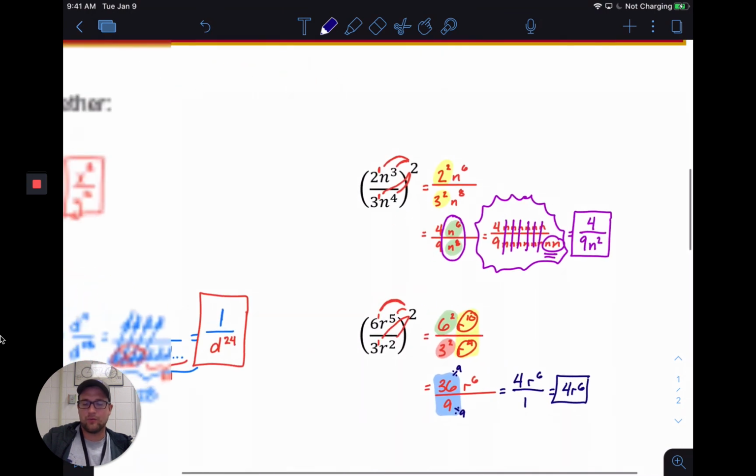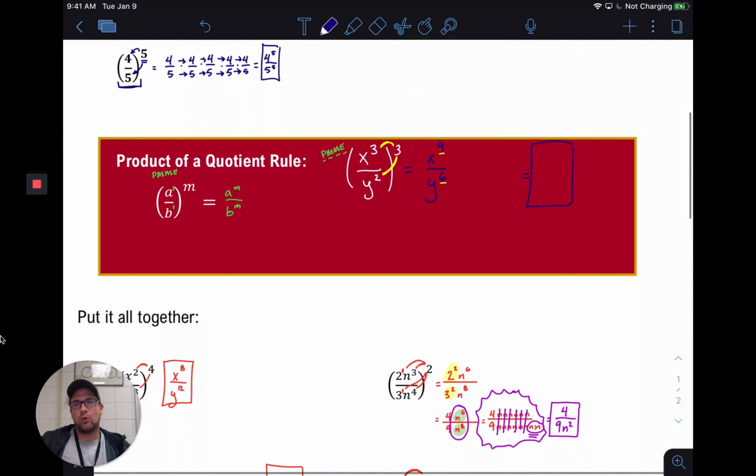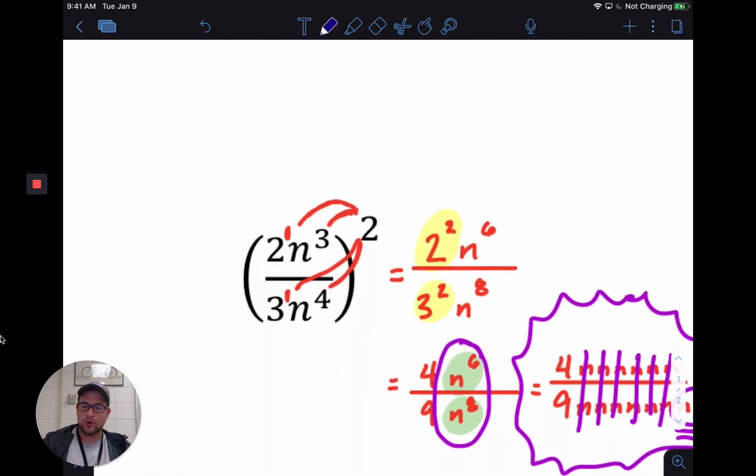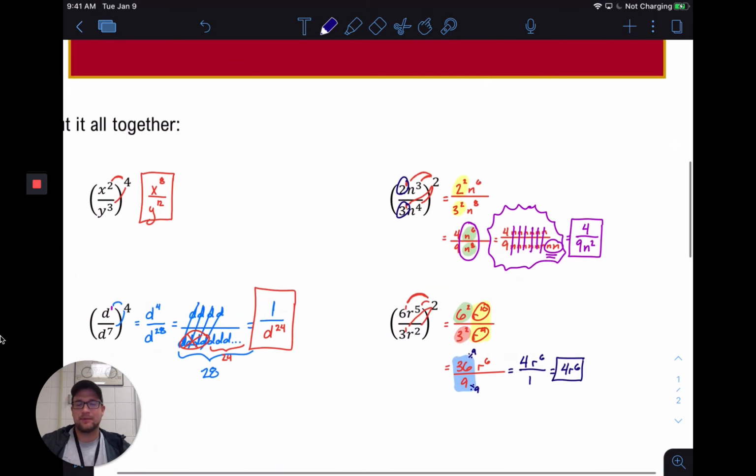Again, just recapping our learning here, what the product of a quotient rule tells us to do is multiply those exponents, but we have to do it to the top and to the bottom. Remember, if there are no exponents on something, like we saw on a lot of our whole numbers here, the first thing we need to do is add that in. And from there, we just always need to go through and simplify our answers.